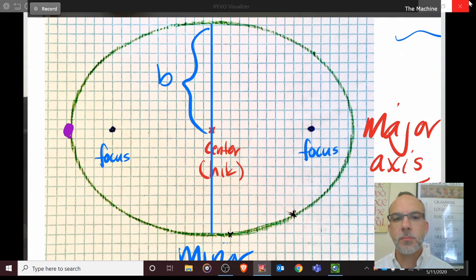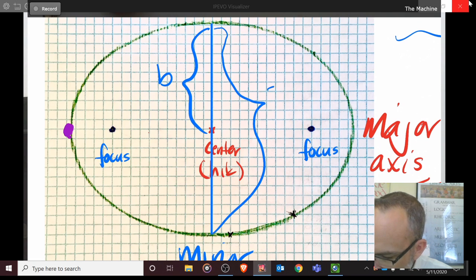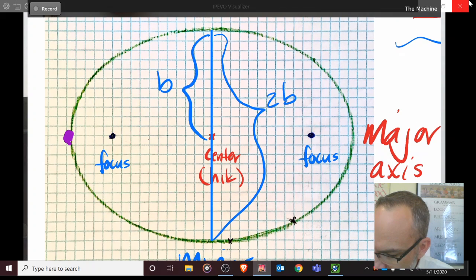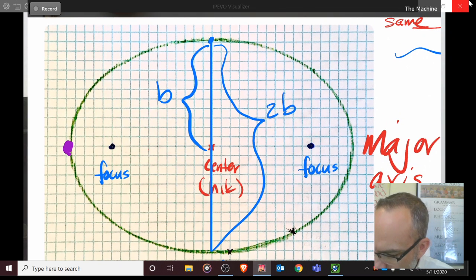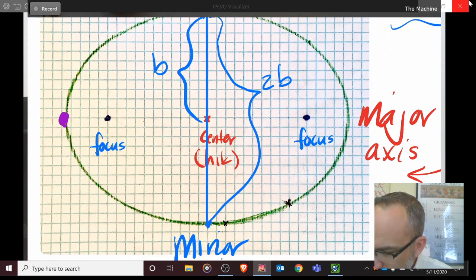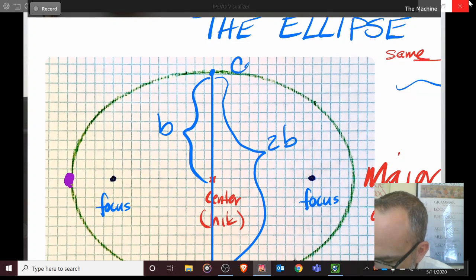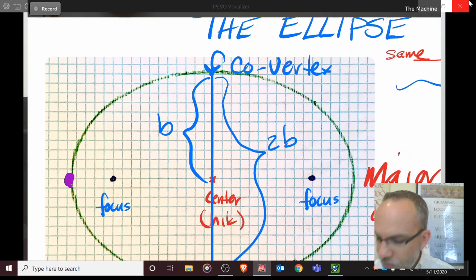That's B. And the distance then from top to bottom all the way is 2B. Now, these points here are also vertices, but they are not called direct vertices. The top and bottom points are called co-vertices. The co-vertices are the endpoints of the minor axis.